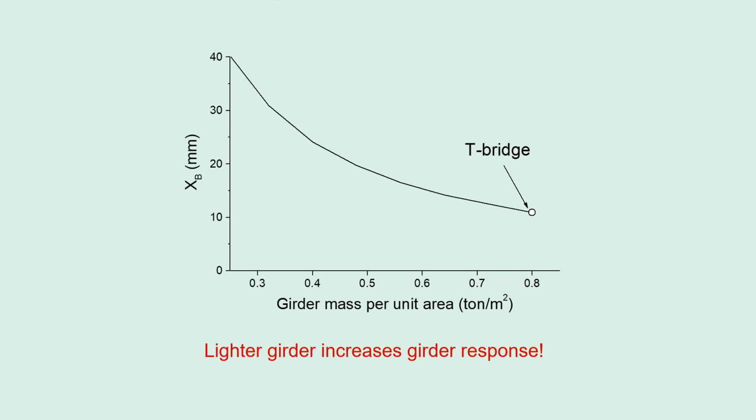Clearly, lighter girder increases the girder response. Nowadays, some bridges are slender and very light because of the aesthetic reason or using new materials. In such a bridge, countermeasures to suppress the vibration would be necessary.